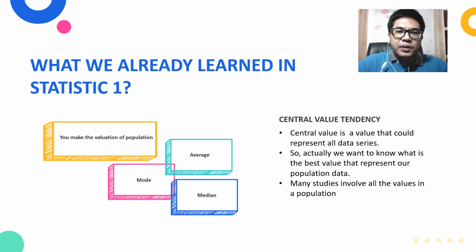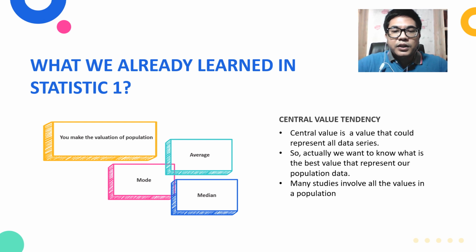The single value is called the central value tendency. It is a value that could represent all the data series. In our previous example, the central value is the value that could represent our population, the economic students who graduated in August 2020. There are three numbers that could represent the whole population.